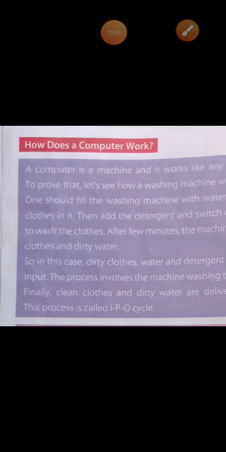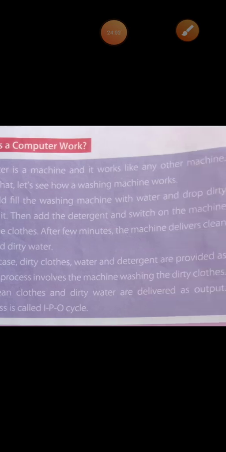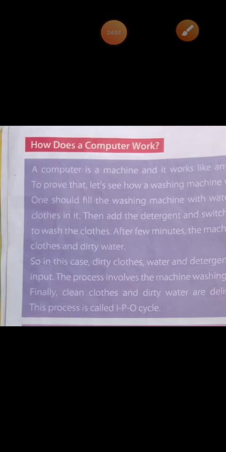After a few minutes the machine delivers clean clothes and dirty water. In this case, dirty clothes, water and detergent powder are provided as input. These are the ingredients. Without these, it can't process and give the output.